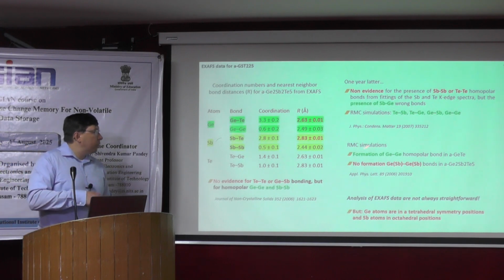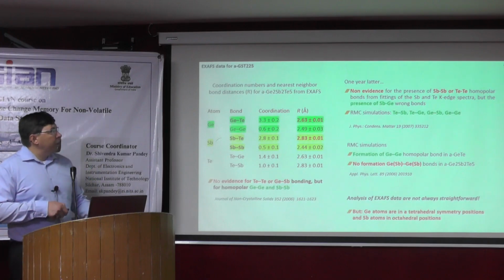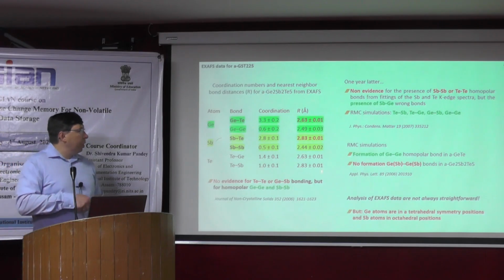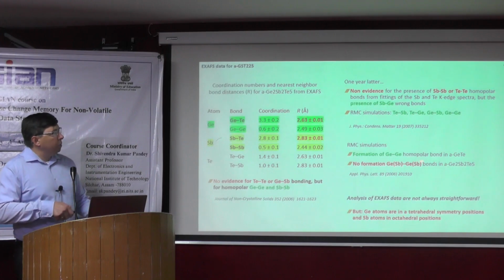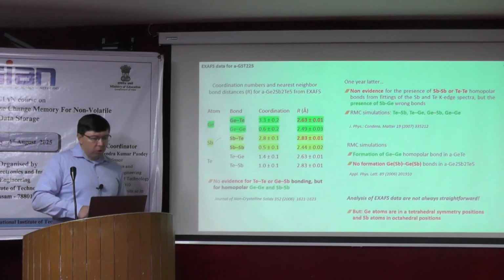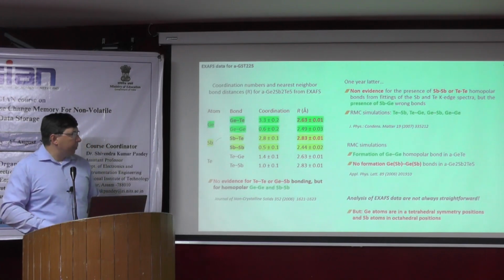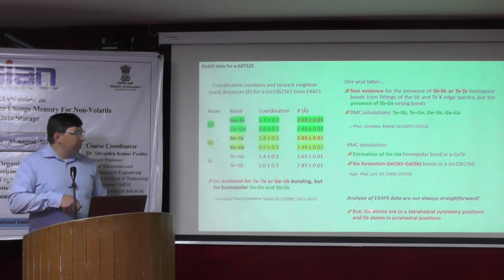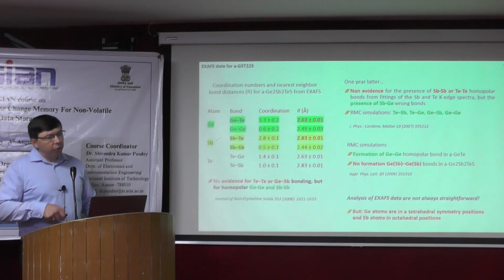Other Monte Carlo simulations also found formation of germanium homopolar bonds in amorphous GeTe, but no formation of germanium-antimony bonds in amorphous GST225. So analysis of XAFS data is not always straightforward.